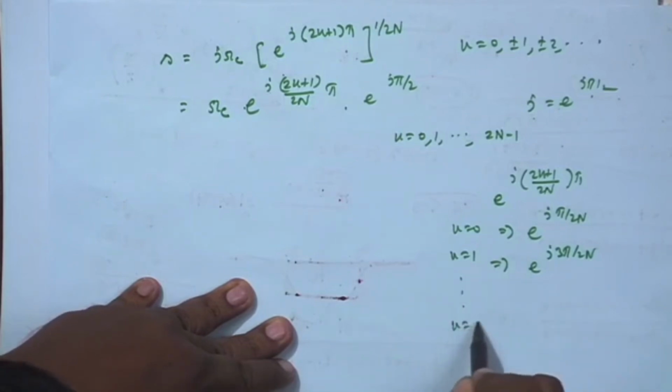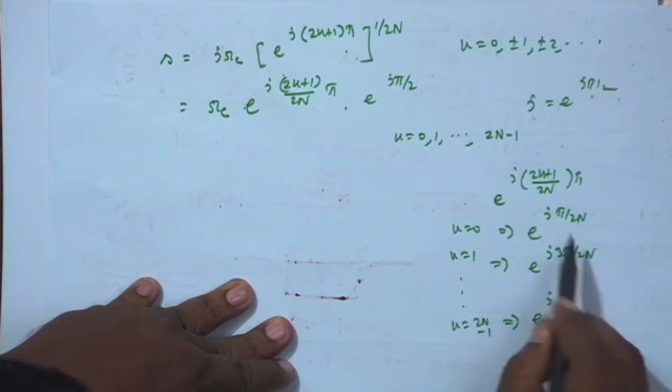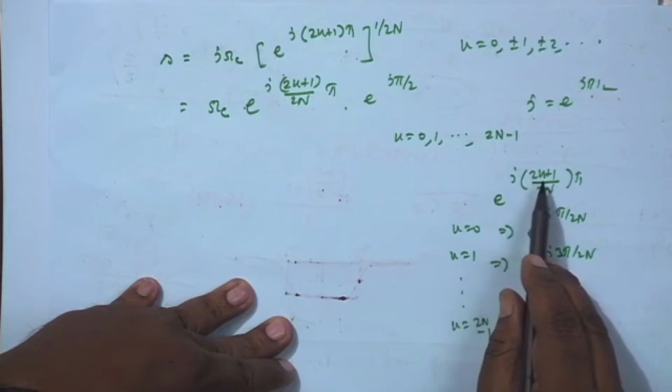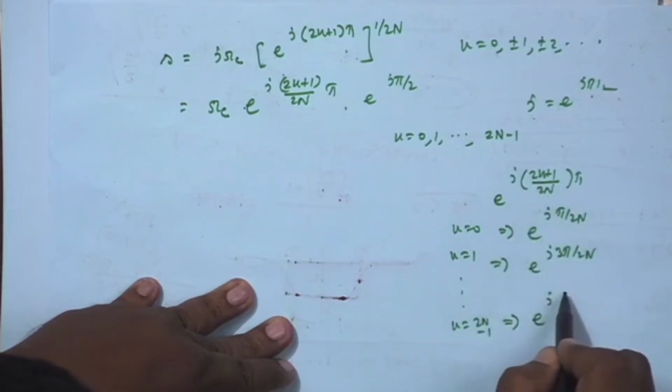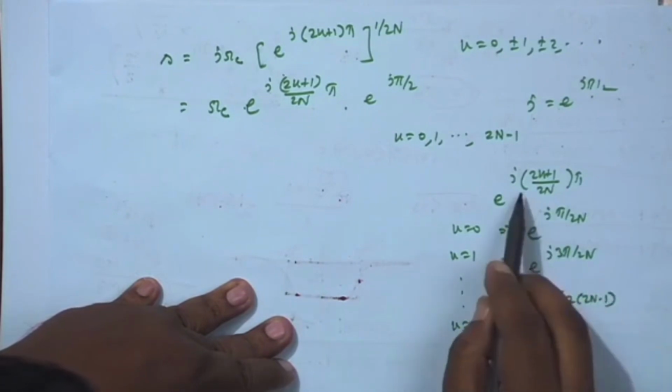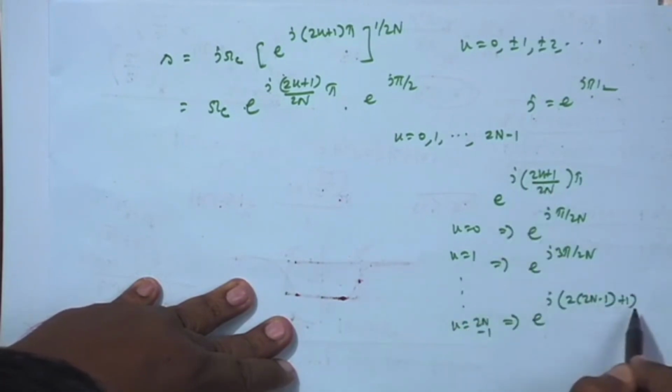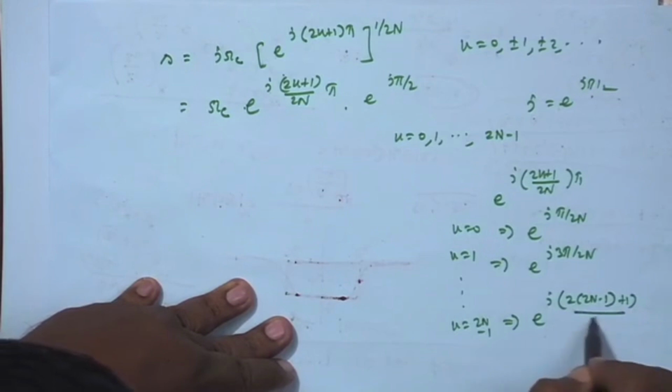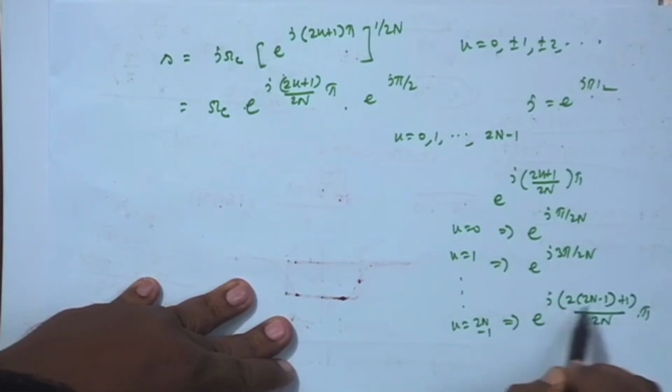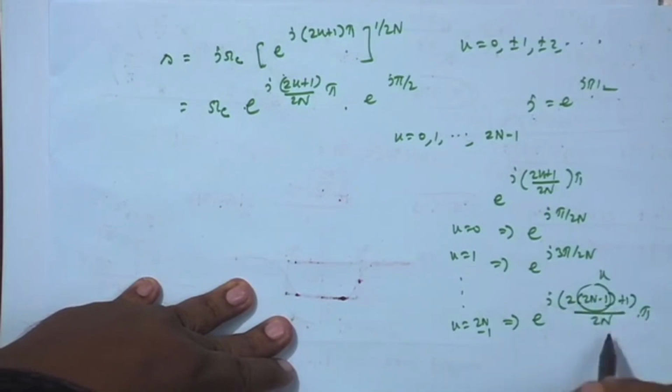It can go up to k equal to 2n minus 1. If it is 2n minus 1, how much will it be? e to the power j (2 into (2n minus 1) plus 1) by 2n into pi.